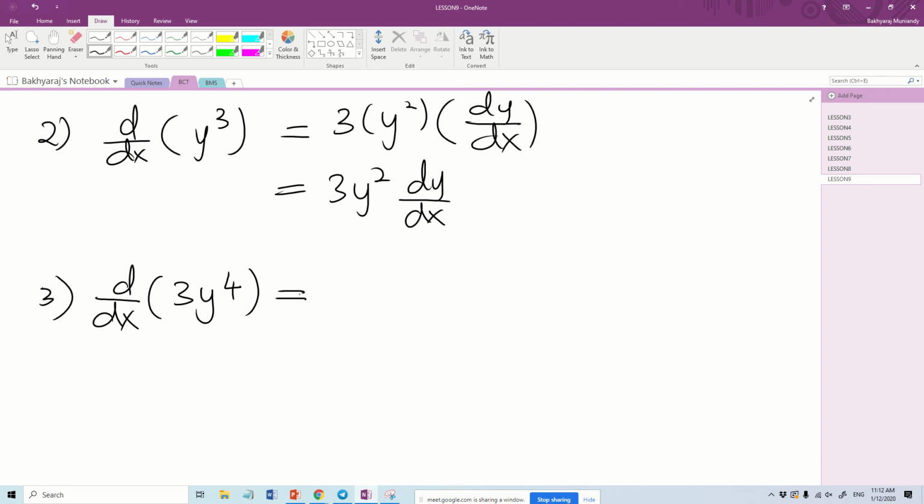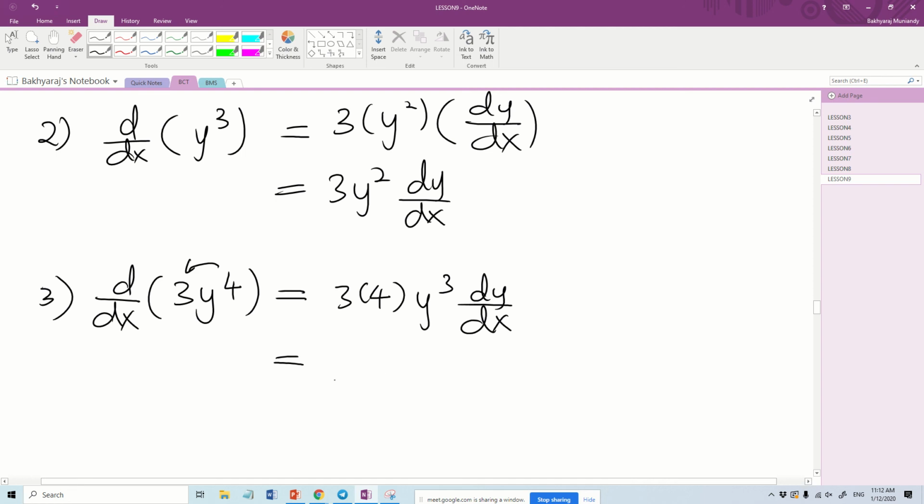Very good. So ini jawapan dia, dia akan jadi 3 times 4 y power of 3 and dy dx. Sebabnya 4 turun bawah, so 3 memang ada kat sini, so 3 times 4 you get 12 y power of 3 and dy dx.